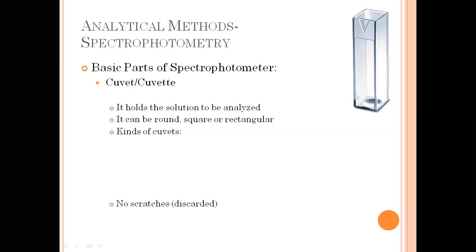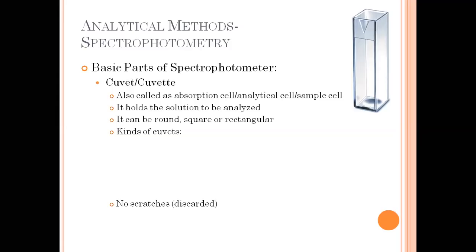So, it depends on the spectrophotometer you will use. Your cuvette is also called the absorption cell, analytical cell, or sample cell. But of course, it's easier to remember cuvette. And its purpose, again, is to hold the solution to be analyzed or measured.